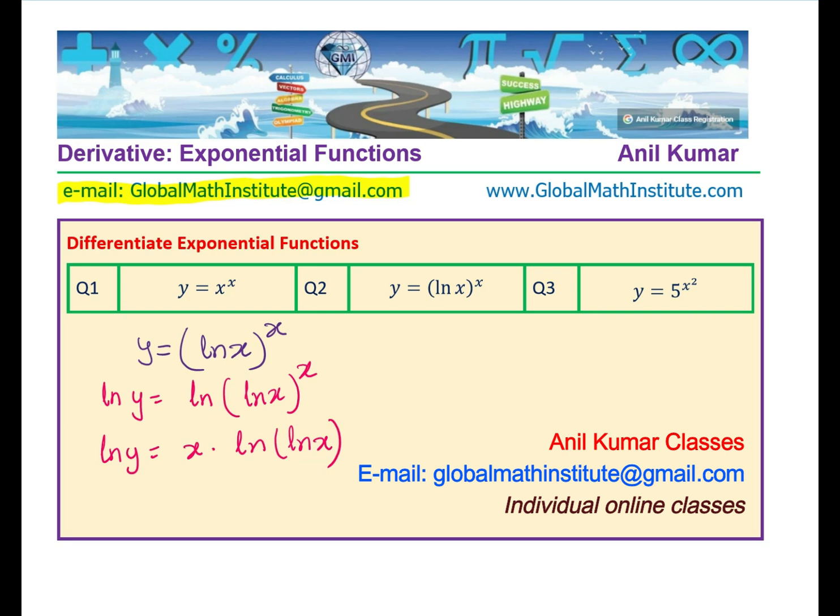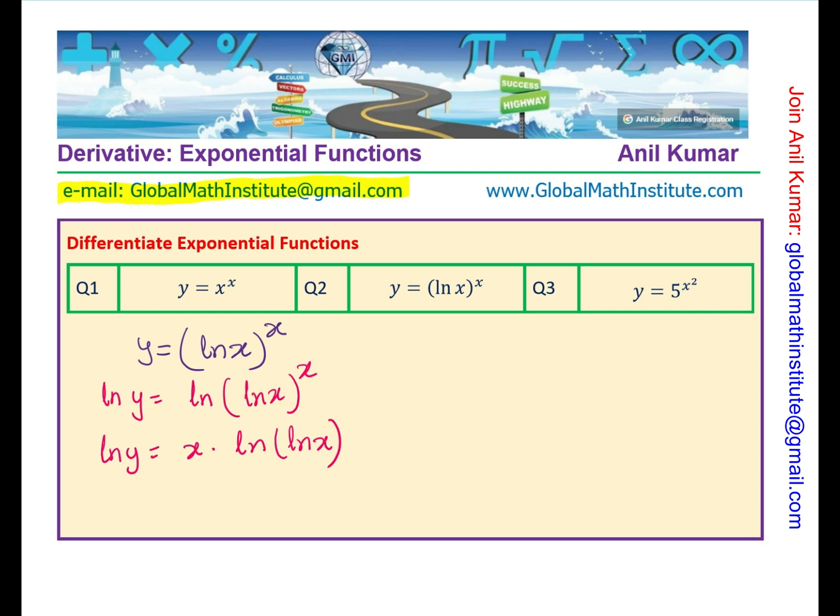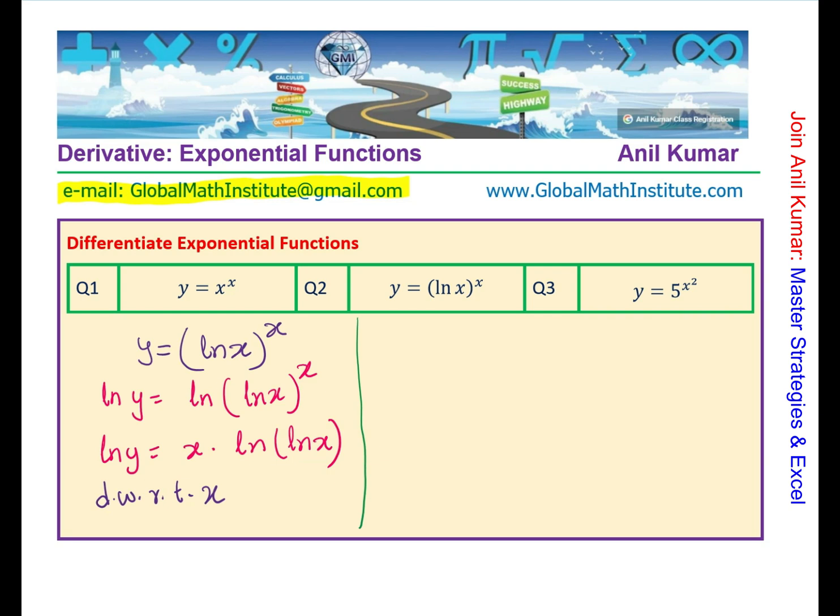Now, ln x is like a function of x, right? So now we can differentiate both sides with respect to x and do what we did last time, implicit differentiation. So we get derivative of ln y with respect to x is 1 over y dy dx. On the right side, product rule will be applied.